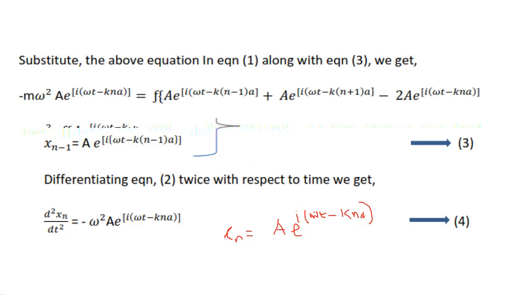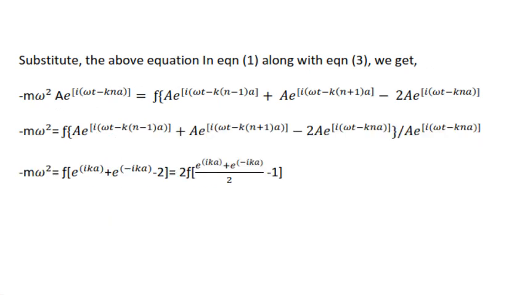Now take this value, that is d square xn by dt square value, in the first equation and add the equation 3.